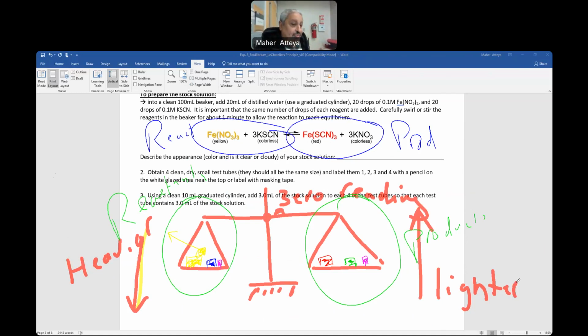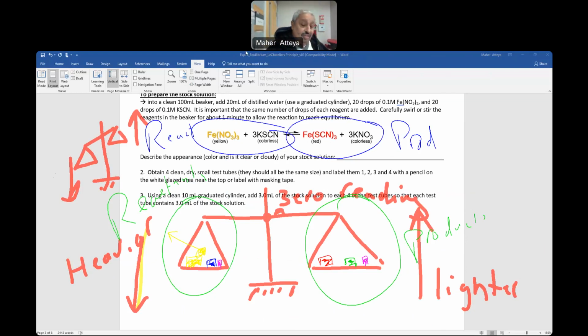If you have a small picture of it, this is down, this is up. Now, you have added stress, a condition that's causing the two arms of the equilibrium balance to be tilted.